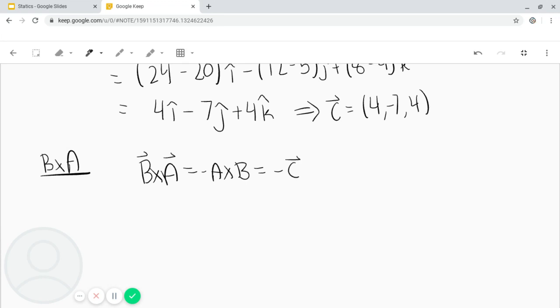Sorry, I should have those vector symbols. Which is equal to -4, -7, 4, and then just putting those in. And it's as simple as that.